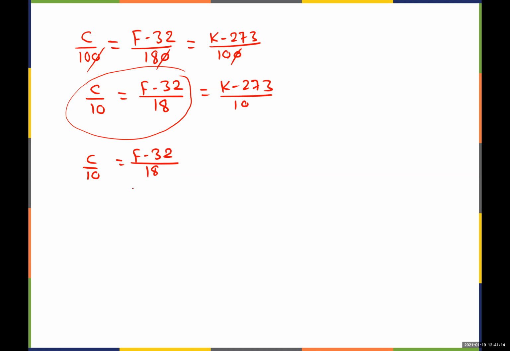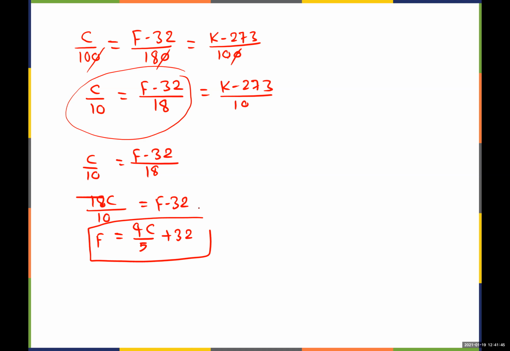Then we can simplify like this: 18C over 10 equals F minus 32. Then I can find the relation F as 9C over 5 plus 32. So we can convert from Celsius to Fahrenheit scale.